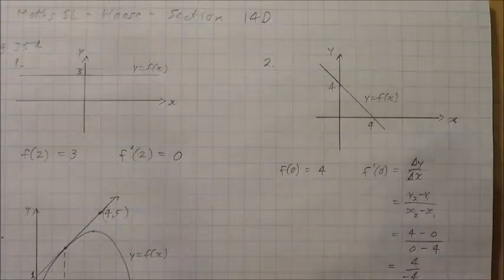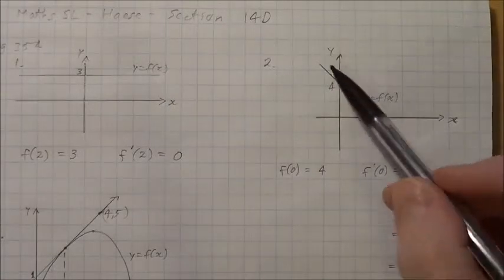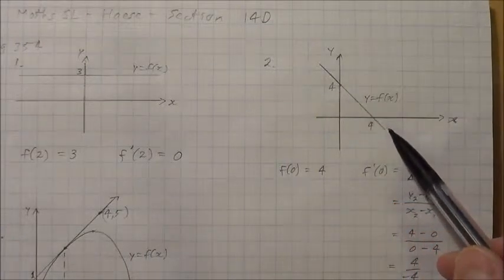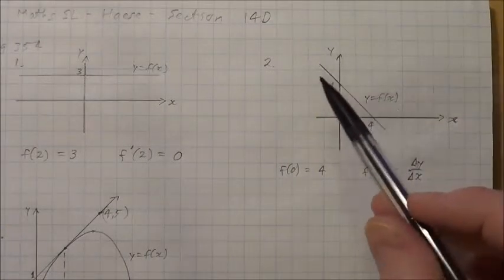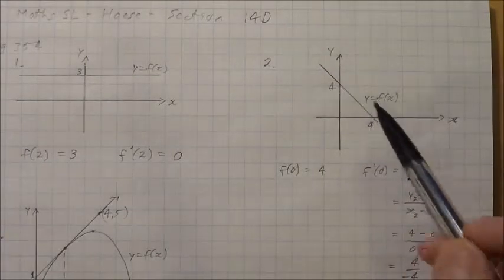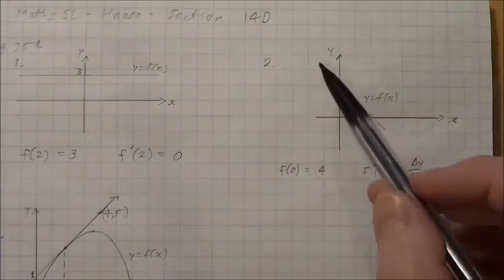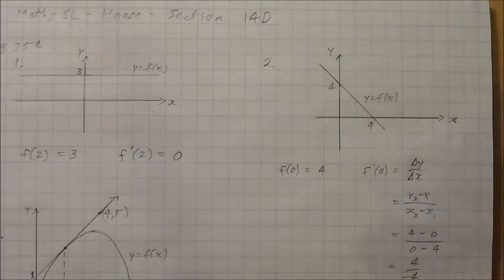So f prime of 0 is going to be negative 1, because anywhere along this line, because it is a line and the rate of change does not change, or the inclination or the gradient does not change anywhere along that line, the rate of change anywhere along that line will be the same.